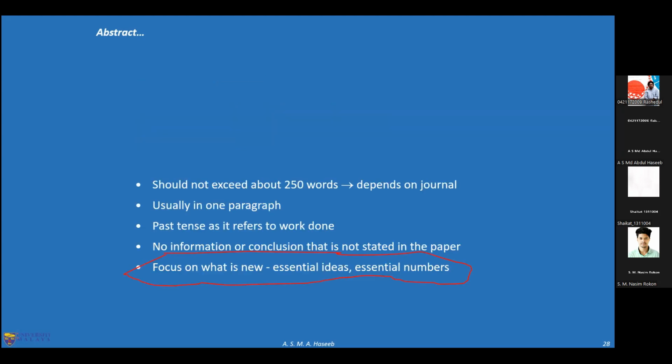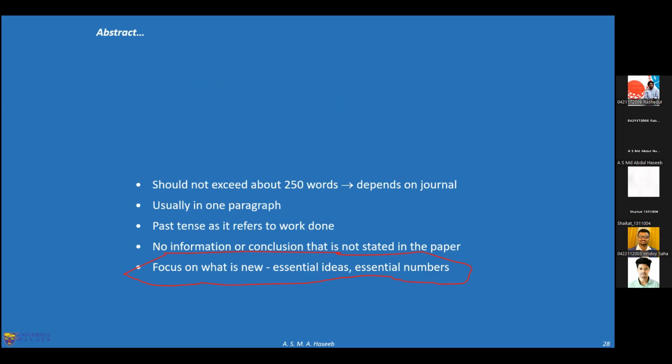The abstract is a short paragraph, typically 250 words, but it will depend on the journal. Some journals will have their own specifications and you have to follow. In some journals, it could be even just 150 words. We write it in one paragraph.